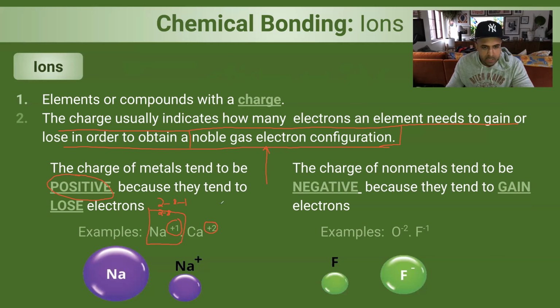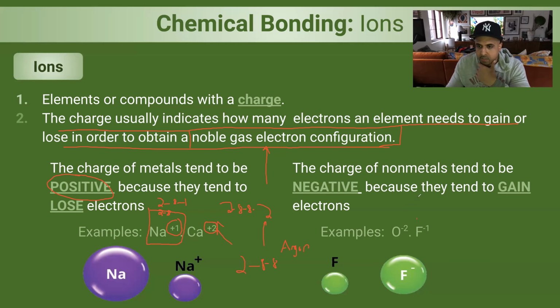Calcium, if you look at the reference table, is 2-8-8-2. If you lose two electrons, you're now 2-8-8. That should be like argon, right? Argon is number 18, and that's a noble gas. Calcium will end up like argon when it loses two electrons.